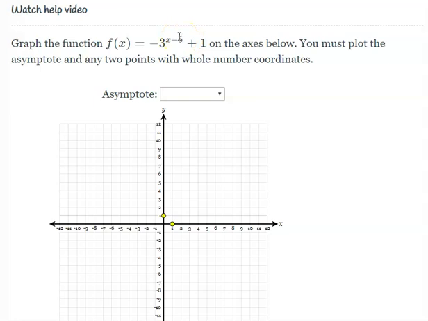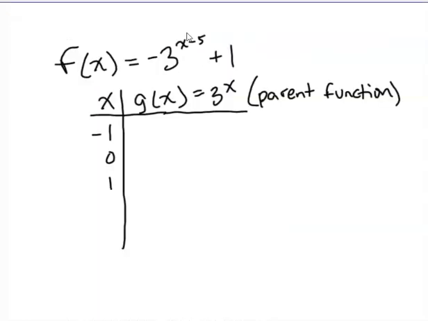So if we can just graph our parent function, which we definitely can, we just did that with 2 to the x, we can make these adjustments. So let's kind of talk this through a little bit. All right, so on your scratch paper, make a little two-way table for the parent function, g of x equals 3 to the x. So let's just discuss what's going to happen there. Let's start with 0. That's the easiest number to substitute in.